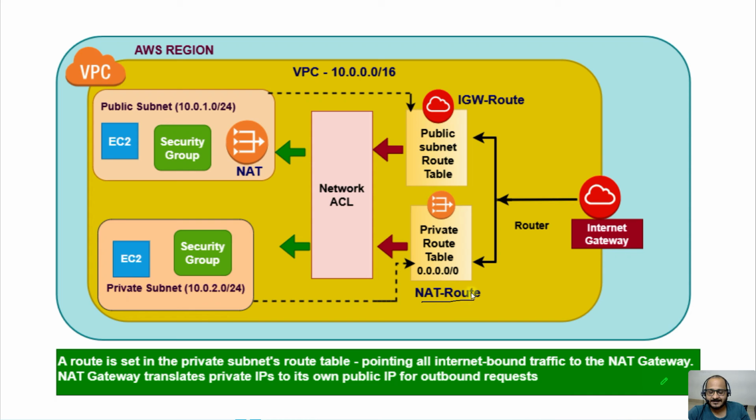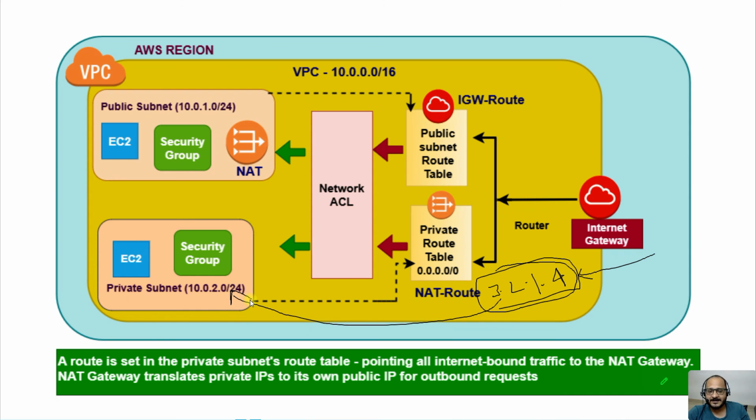So the NAT gateway translates this private IP address to its own public IP address. Suppose this NAT gateway has 3.2.1.4, something like that, as the public IP address. As soon as the response comes to this IP address, it is translated back to the private IP address.